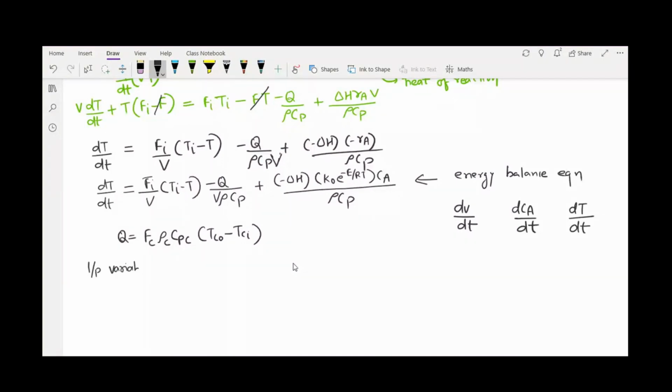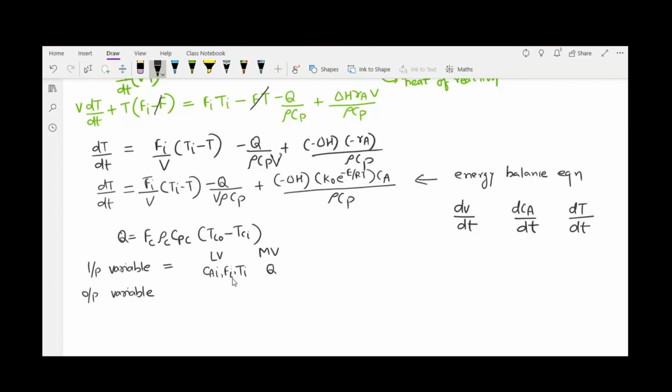Okay, so what will be the input variables and what will be the output variables? The input variables will be the load variables and the manipulated variables, because this reaction can be controlled by these. The load variables are CAI, Fi, and the inlet temperature Ti.